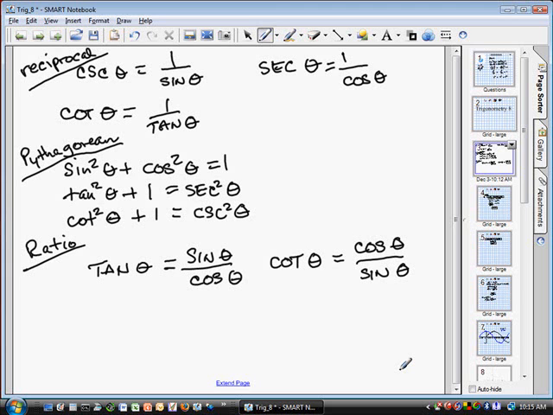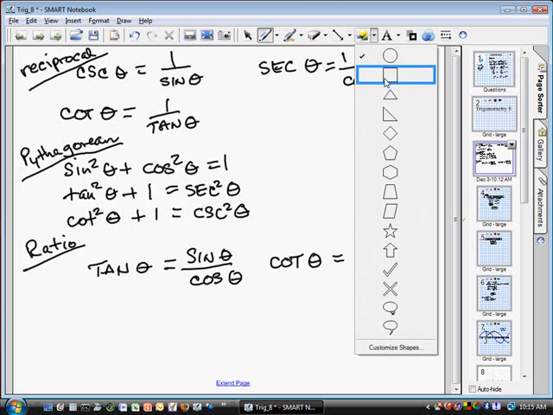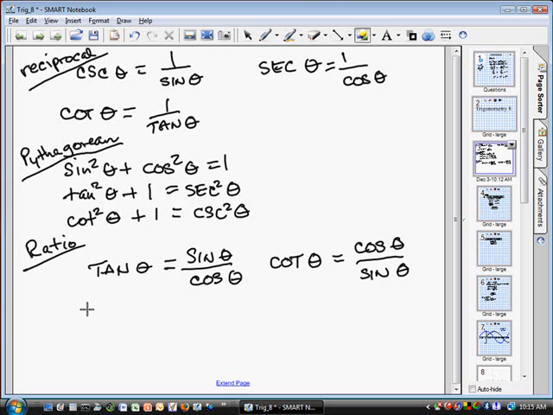Now, if you think about it a minute, this shouldn't surprise you, because if you pull off a right triangle, and if we put theta down in this corner again, well, if this was a unit circle, wouldn't this be 1?